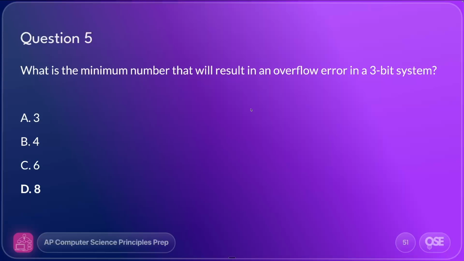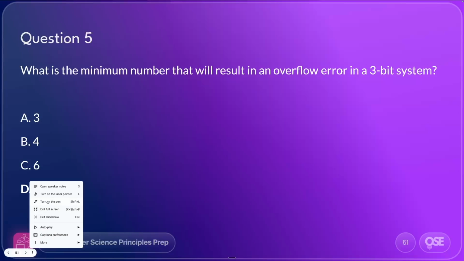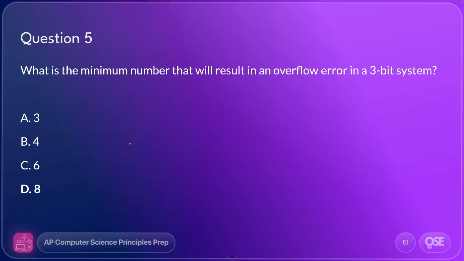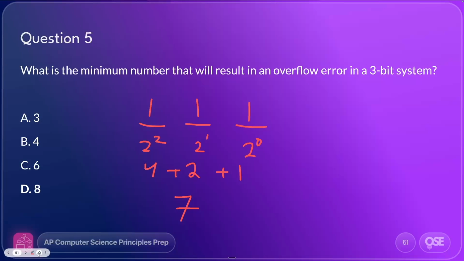Basically, when you have 3 bits, so when you have 1, 2, 3, a maximum number is going to have all ones, and this number is going to be, as we learned in our binary conversions, 4 plus 2 plus 1, which is 7. So 8 doesn't fit there. 8 is too big for these slots. So therefore 8 is the correct answer.